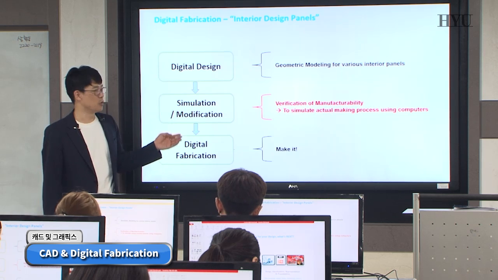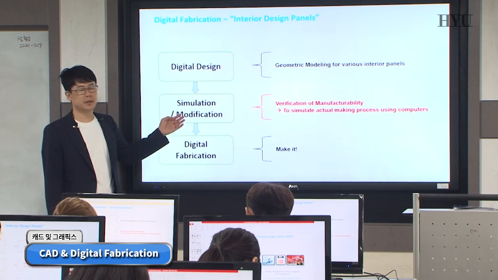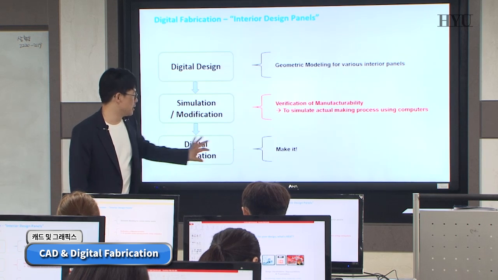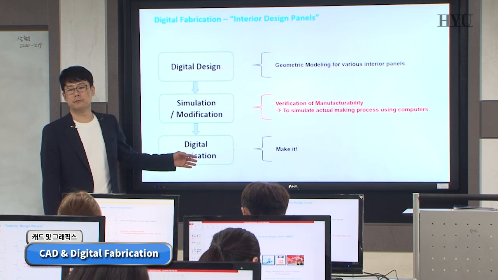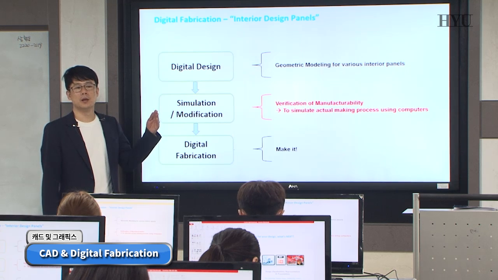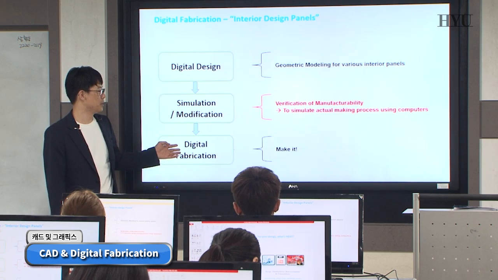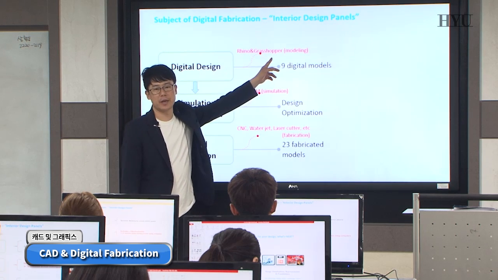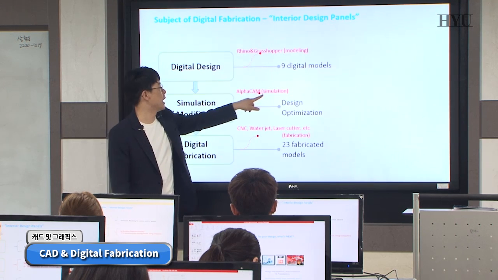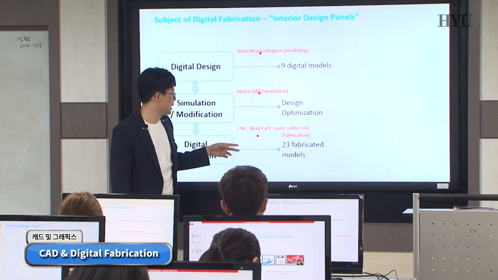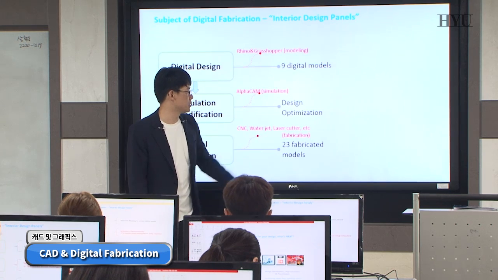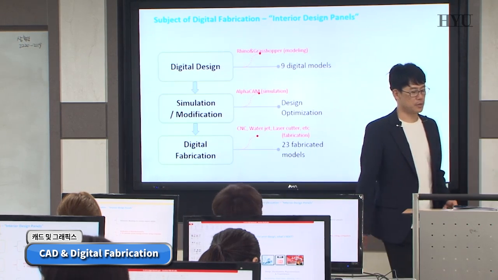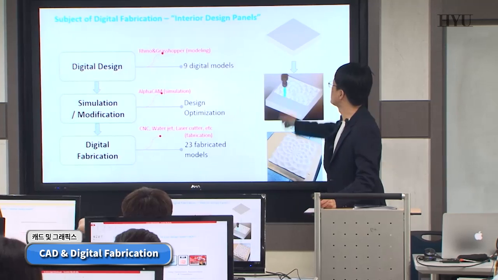If the simulation is successful, then we can make it. The digital fabrication method depends on the fabrication device. So let's take a look. We used Rhino Grasshopper as a design tool and AlphaCam as a simulation tool, with CNC, waterjet, laser cutter, and 3D printer as fabricating methods. So here is an example.